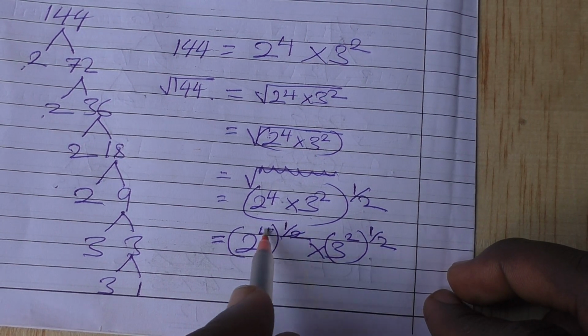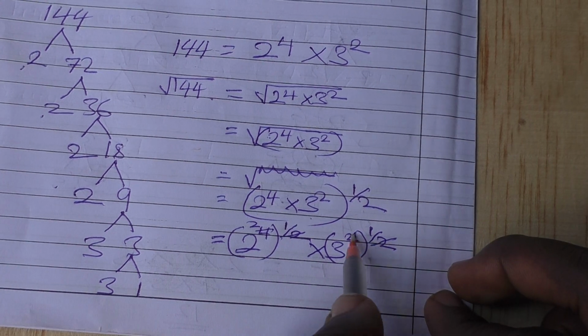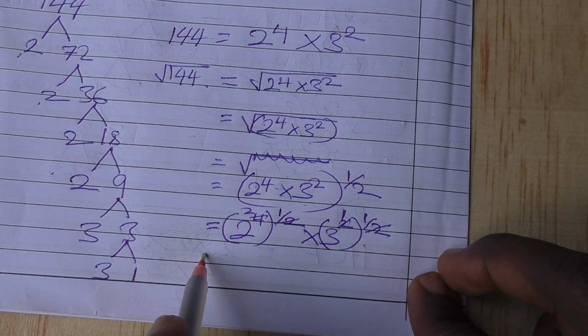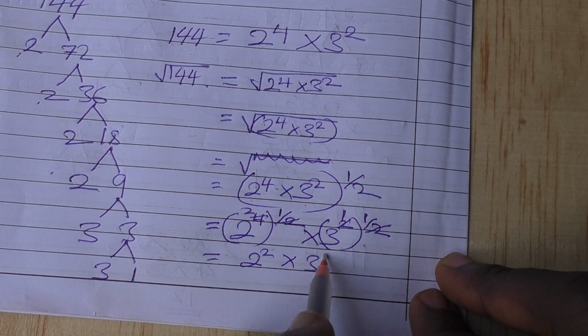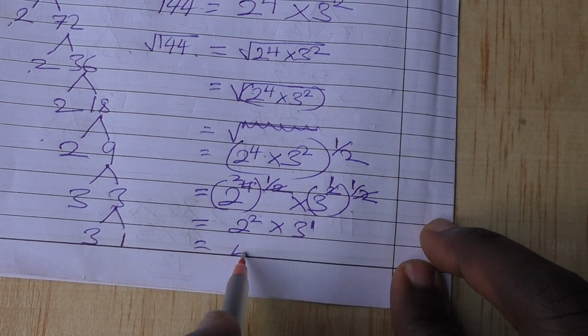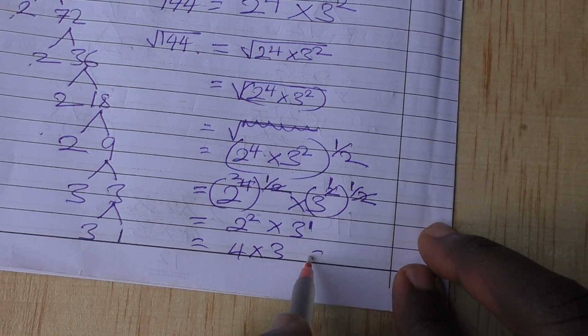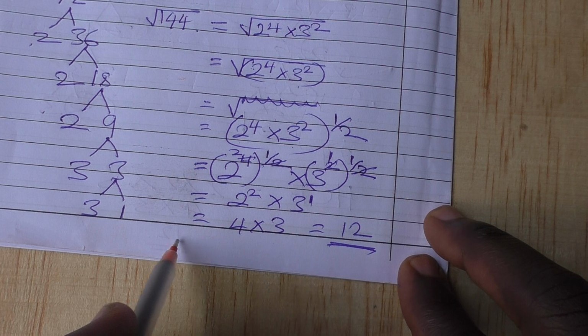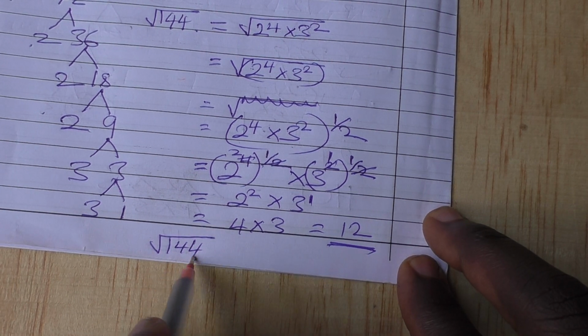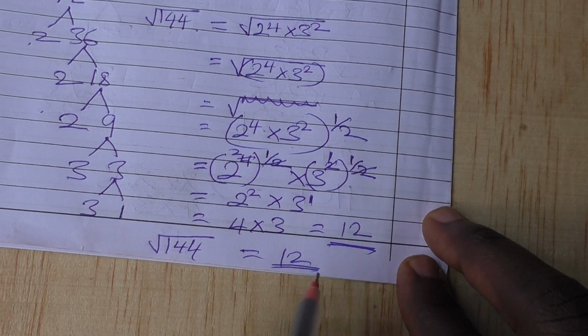When we reduce, you get 2 to the power 2 and 3 to the power 1, giving us 2 squared times 3, which is 4 times 3, giving us 12. Meaning that the square root of 144 is 12.